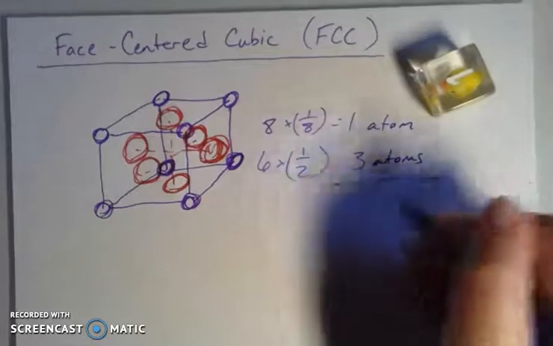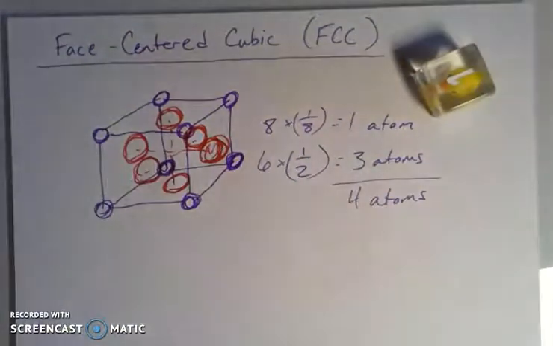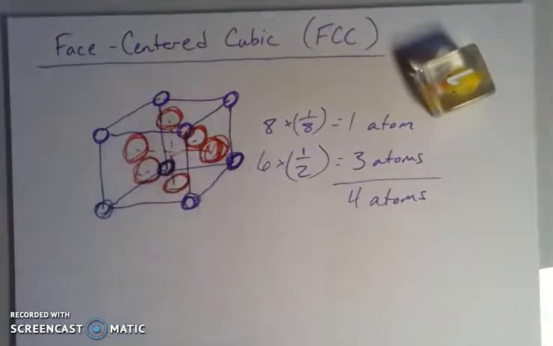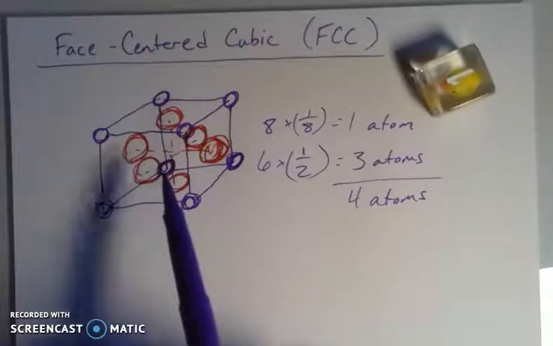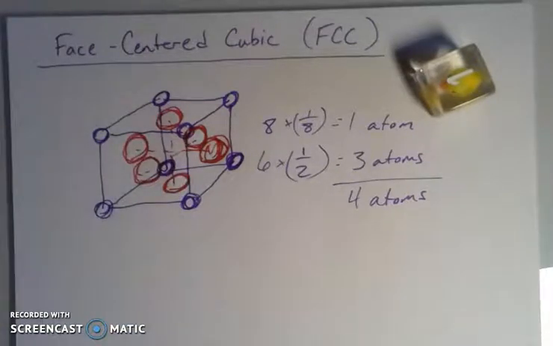When I add these together, I end up with 4 atoms total in this unit cell. Again, it's tricky because I have 8, and then it looks like I have 14 atoms, but I don't have 14 atoms because each one is a portion of an atom. There's no one atom or ion that is enclosed within this unit cell like we have with the body center.